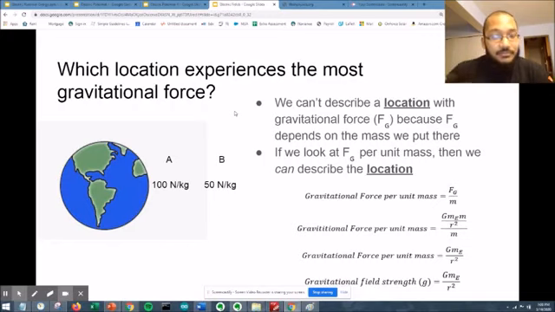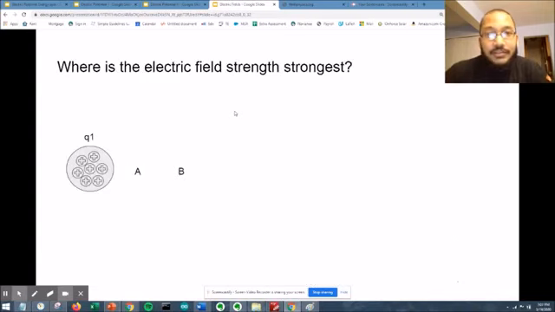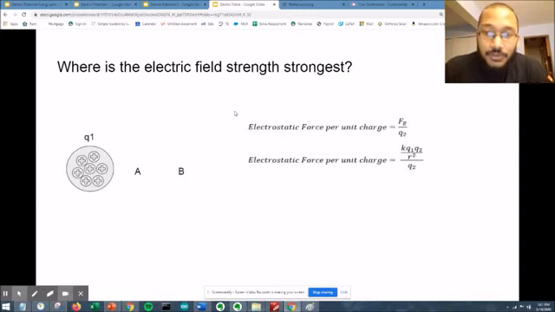And now we can build on that to think about what that means for the electric force. So instead of a giant mass, I have this source charge Q1. And where do you think the electric field is strongest? A or B? Hopefully it's not too hard. It's, of course, the same force per unit charge instead of per unit mass.